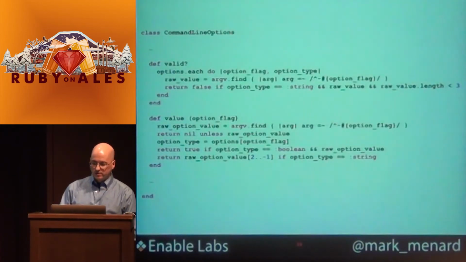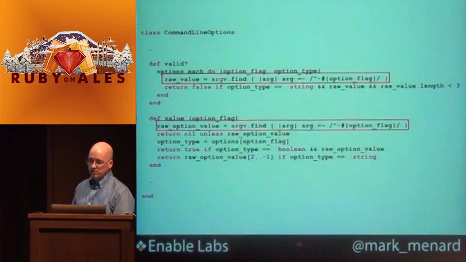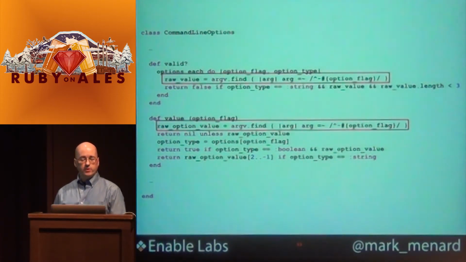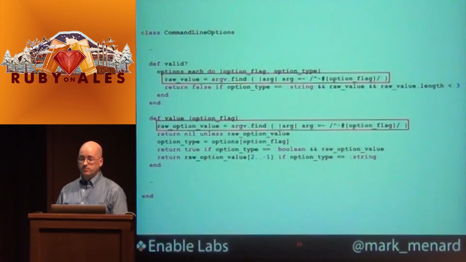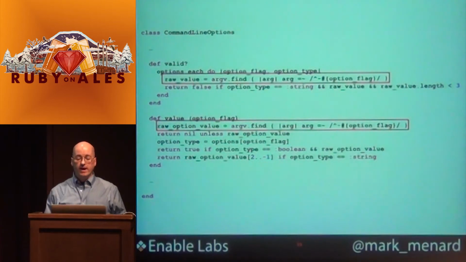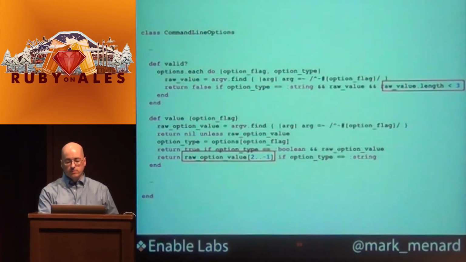So let's look at some methods. Here we have repetition. Both the valid and the value are digging through the argv array to find the option from the command line. This is a perfect candidate for an extract method refactoring. We have magic constants scattered around.